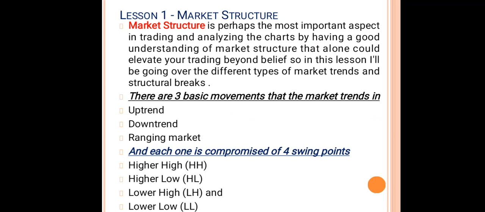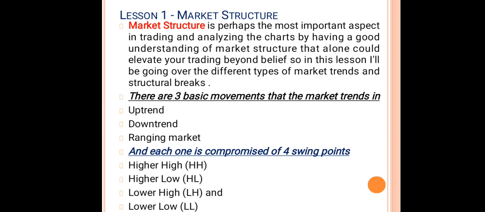In this lesson, I will be going over different types of market trends and structure breaks. There are actually three basic movements that the market trends in. One, we have uptrend. Two, we have downtrend. And three, we have a ranging market. Each one of these three movements comprises four swing points.